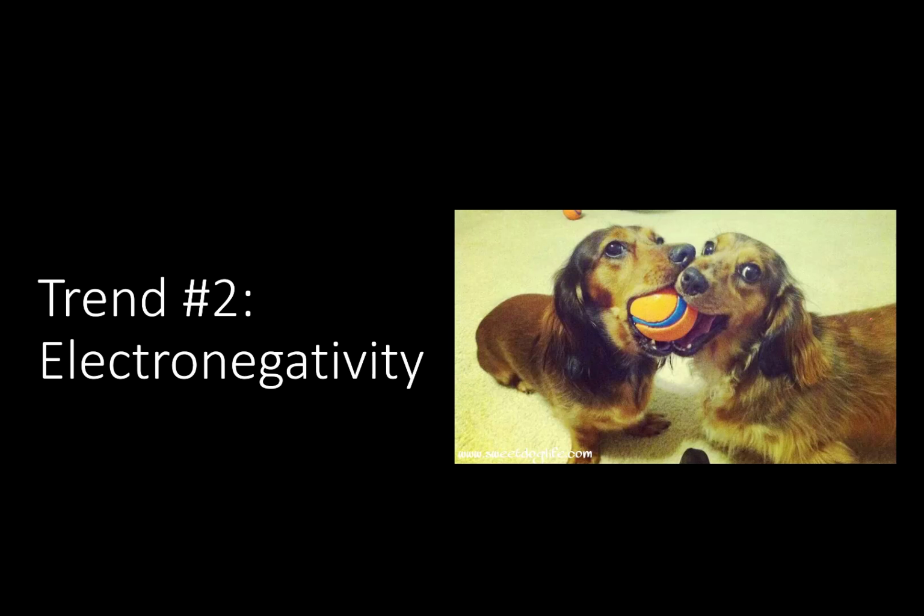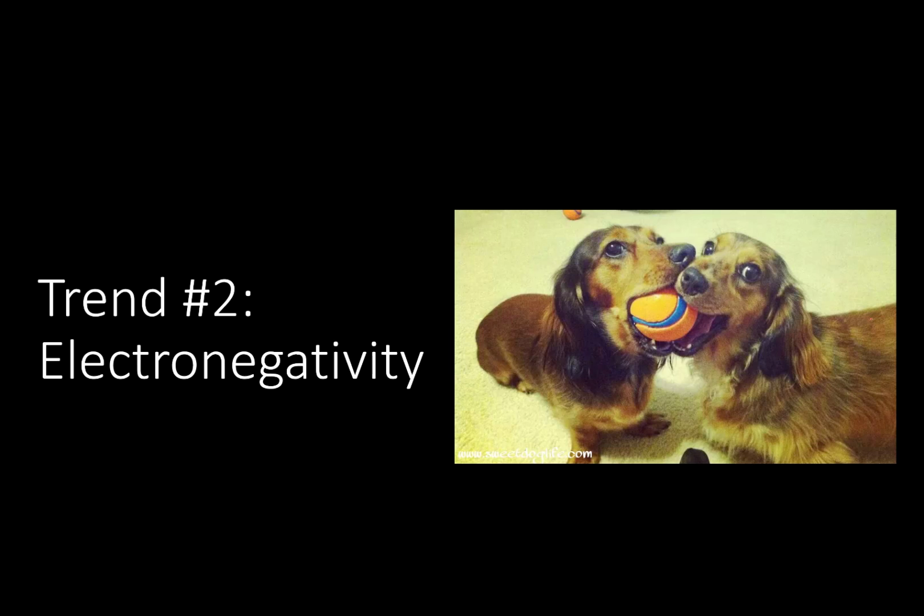The next concept is called electronegativity. Electronegativity is the amount of pull that an atom has on electrons. Okay, this goes back to that same theme that we said would come up over and over again, and that is that every atom wants to become like the noble gases.